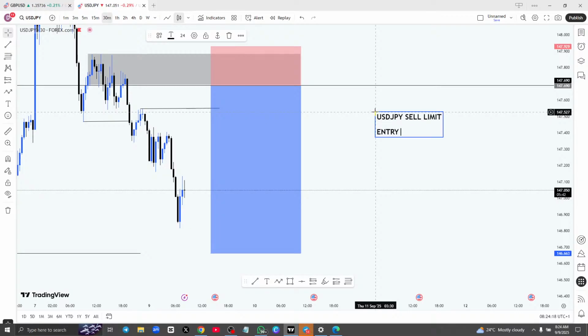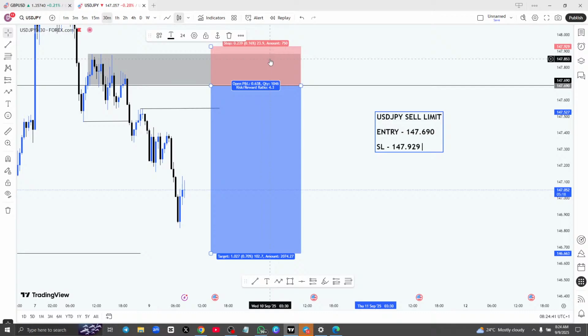So the entry for the sell limit is about 147.690. SL is about 147.929. This trade is giving us about 24 pips, so this is about 24 pips SL.